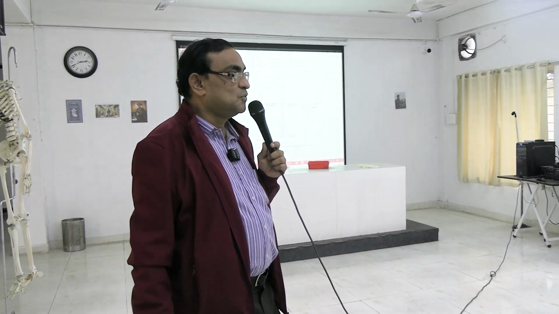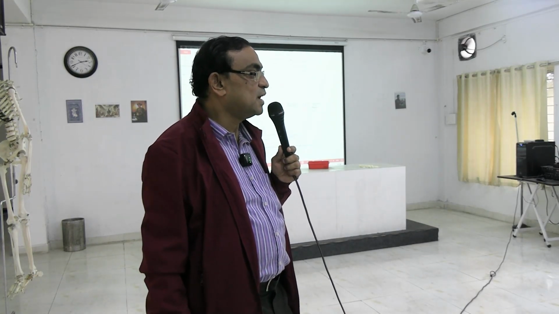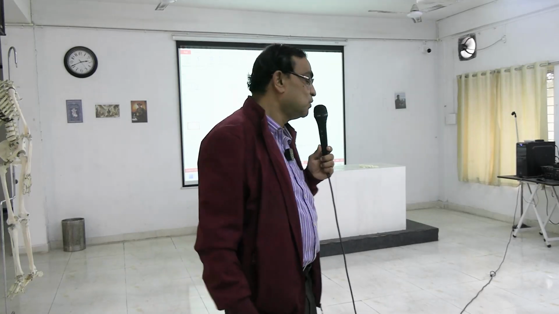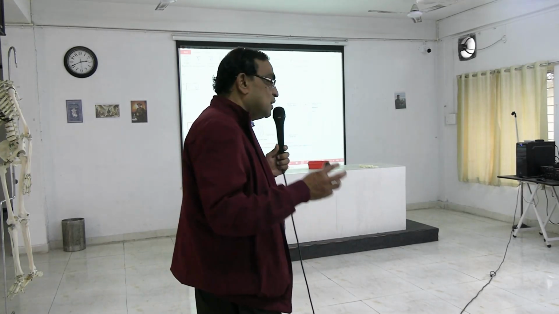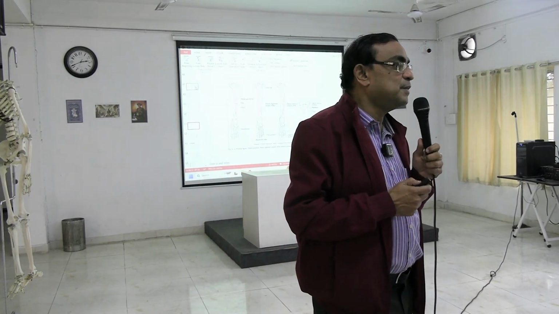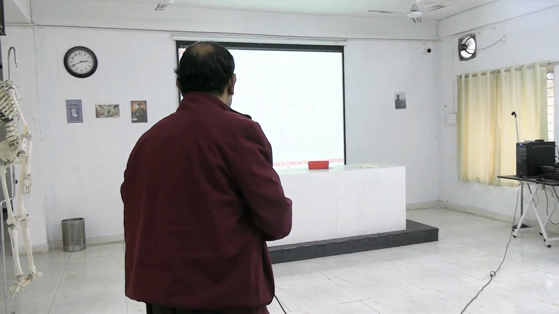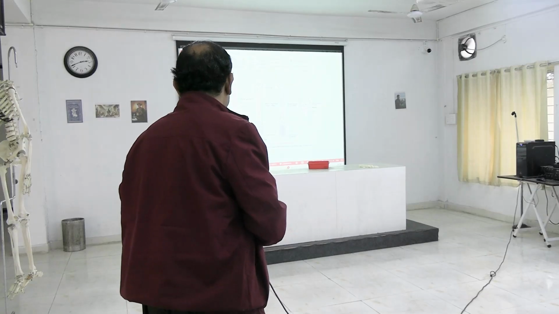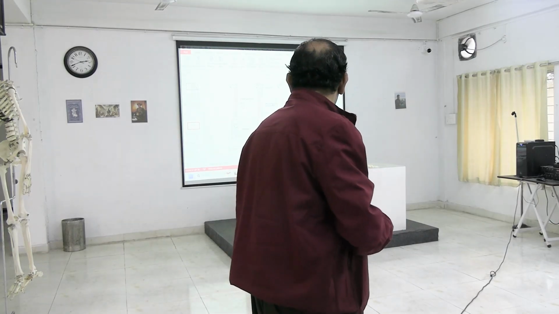So it is inserted mainly at the tuberosity of the navicular bone, but from there we get several finger-like projections coming out, and these actually attach to all tarsal bones and also the second, third and fourth metatarsal bones.